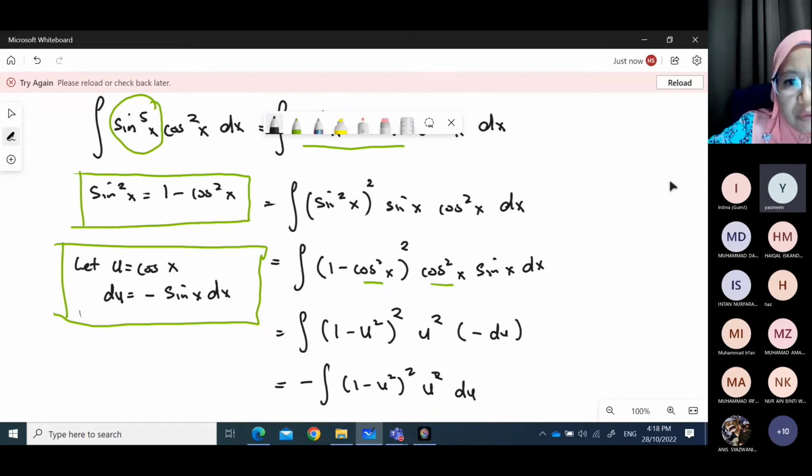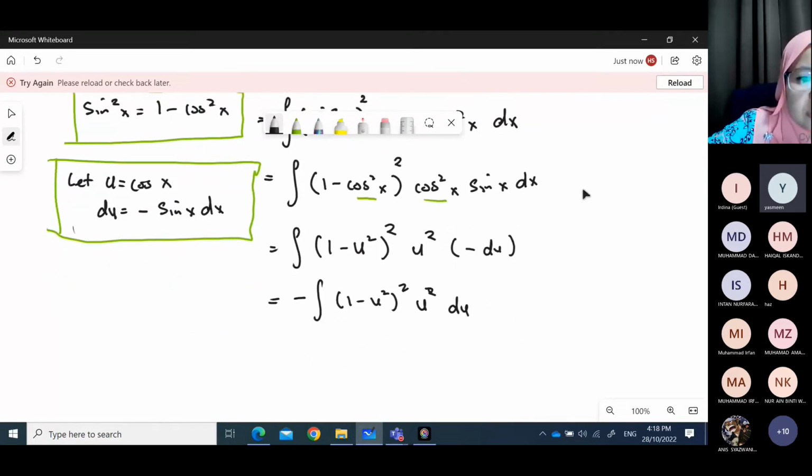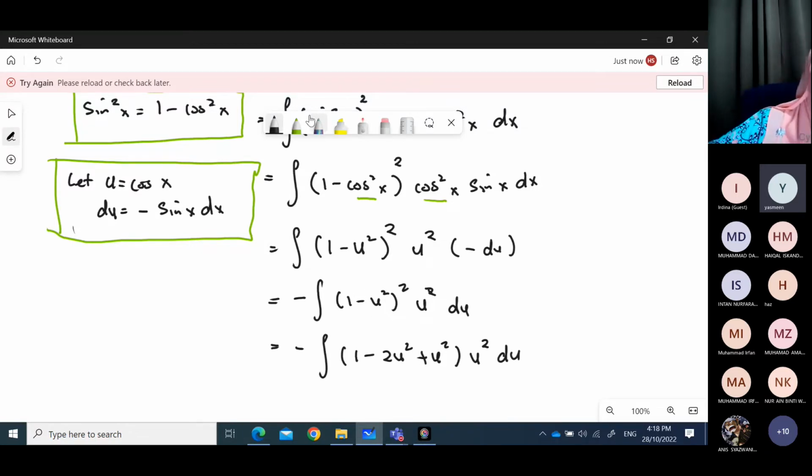Alright, so before we integrate this equation, so we need to expand inside here. You kena expandkan dia, okay, kembangkan dia. Dan kita akan dapat 1 minus 2u squared plus u to the power of 4 multiply with u to the power of 2 du.